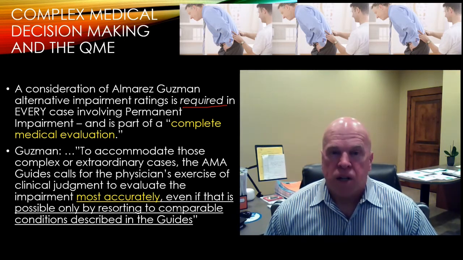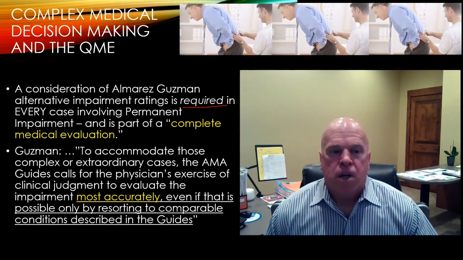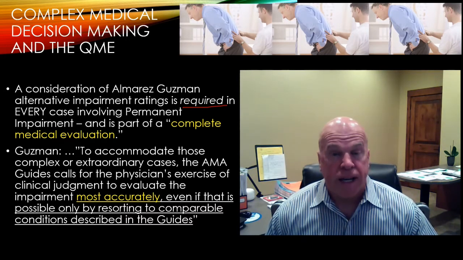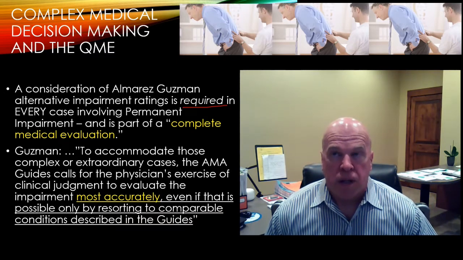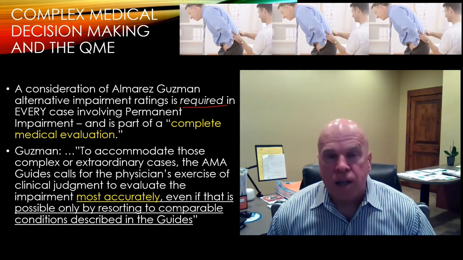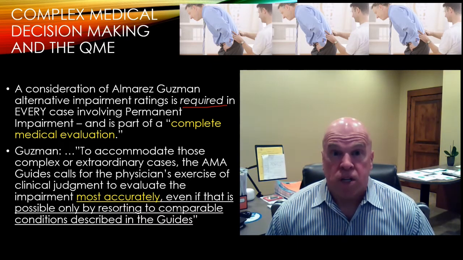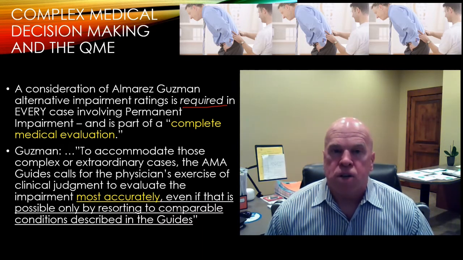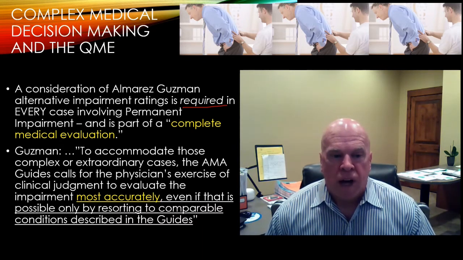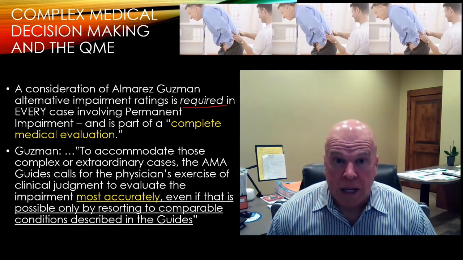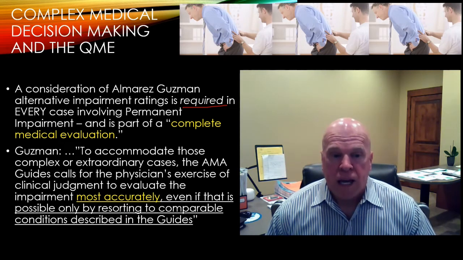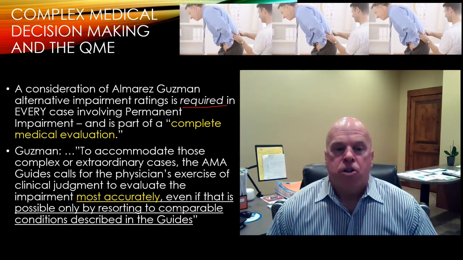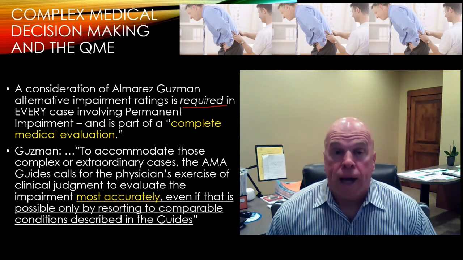And reading directly from the Guzman case itself, Guzman told us that in order to accommodate those complex or extraordinary cases, meaning cases wherein the permanent impairment rating is not very clearly or is not addressed at all in the AMA guides, the AMA guides calls for the physician's exercise of clinical judgment to evaluate the impairment most accurately.